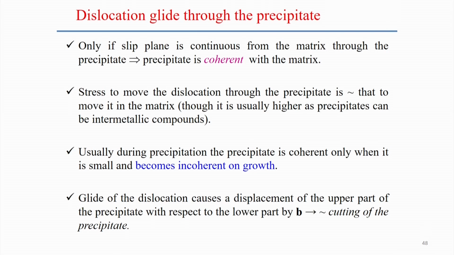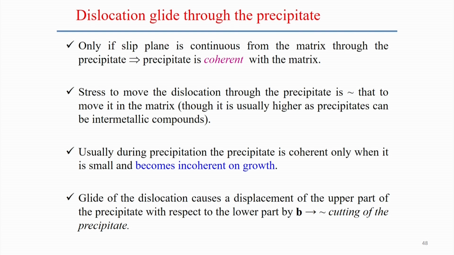How does a dislocation glide through the precipitate? Now we come to the second mechanism. So far we have discussed dislocation bowing around the particles. Now we will discuss the dislocation gliding through the precipitate or particles. Only if the slip plane is continuous from the matrix through the precipitate, that is, the precipitate is coherent with the matrix.